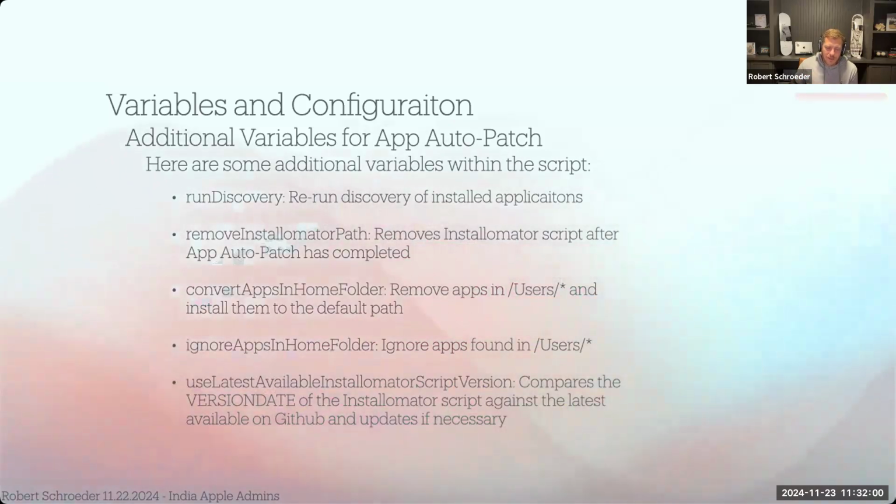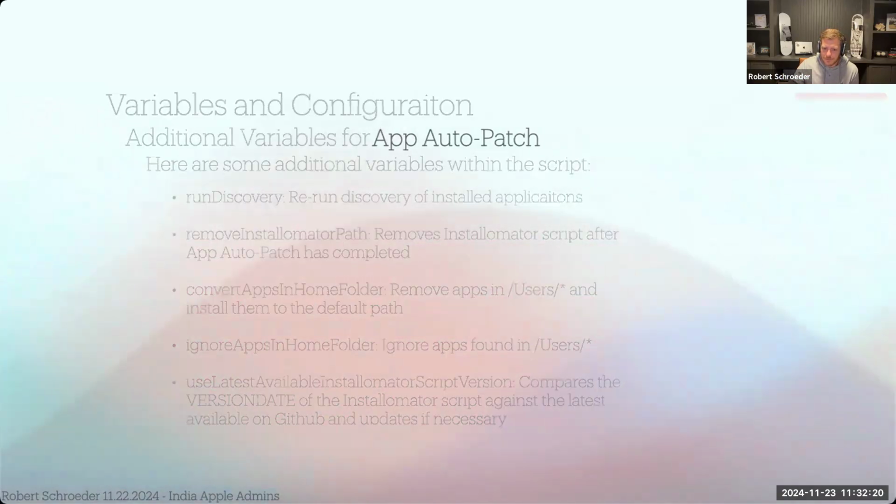So I definitely encourage you to go check out the wiki for all the information on how you can configure App Autopatch to work in your environment. There's a lot of different ways that you can go about configuring it. So definitely check out the wiki.